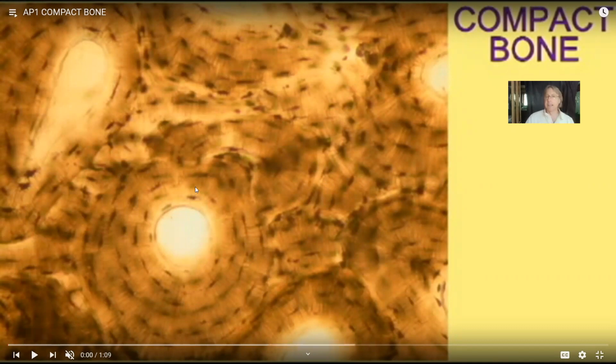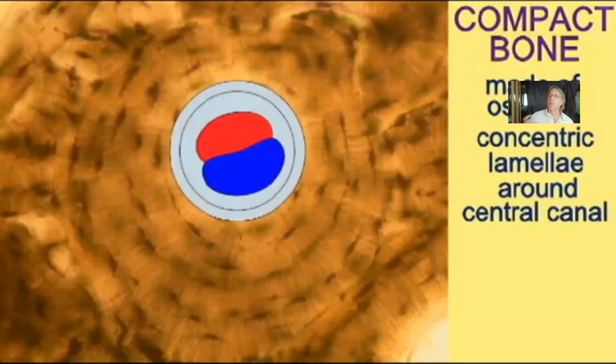So this is compact bone, where most of the spaces are filled in with bone tissue. And compact bone is composed of these structures known as osteons. What's an osteon? Well, this is an osteon. There's a big hole in the center known as a central canal. And in this central canal, blood vessels, a small artery and a small vein would pass. Around these blood vessels in the central canal, there would be cylinders of bone salts.